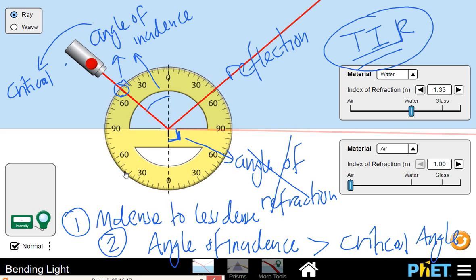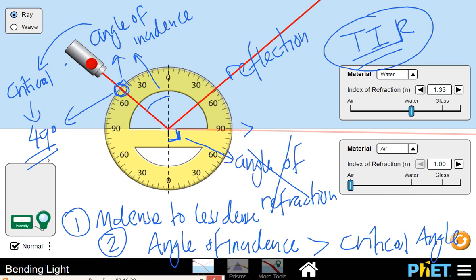Here we go. So the critical angle here, as you can see, is at 90 degrees, and it is roughly around 49 degrees. So this is the critical angle.